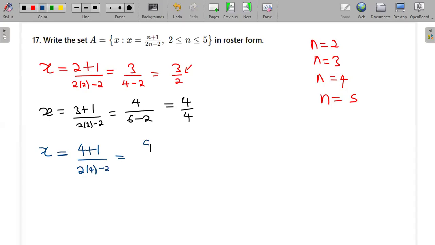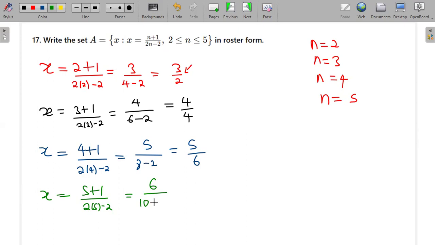So this will be 5 divided by 8 minus 2, so that will just be 5 over 6. Okay, then the last one will be x equals, when n is equal to 5, 5 plus 1 over 2 multiplied by 5 minus 2. This will be 6 over 10 minus 2, which would just be 6 over 8.